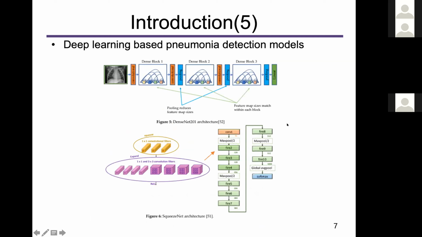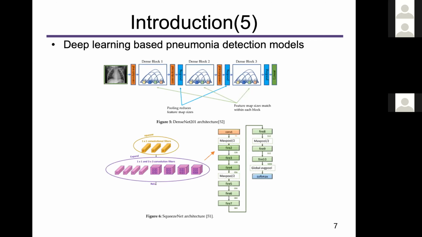So there are many image classification architectures for pneumonia detection, and they share common things. The first is that all of these architectures are pre-trained on the ImageNet data, and they either fine-tune end to end or just use transfer learning for the last classification layer. The other common factor is that they all use a softmax layer at the end, so they can compute the probability of whether this patient has pneumonia or not.